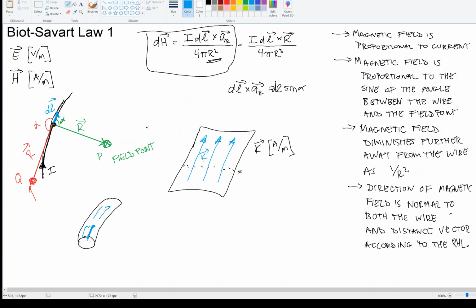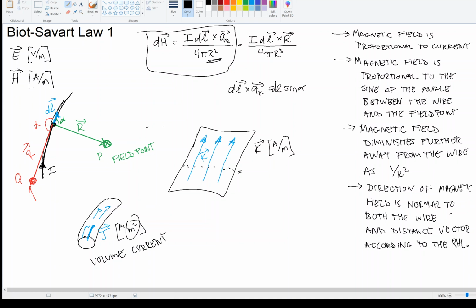And then we can talk about current in a volume. And we've already kind of mentioned this previously in the course. Call that J, and we'll call that the volume current density. And be careful with the units here. That would be amps per square meter. So this is the volume current density. Even though it's per square meter, because you're talking about a volume has a slice of area.